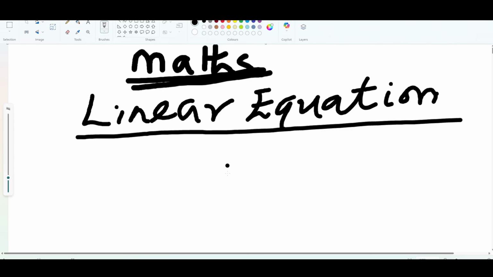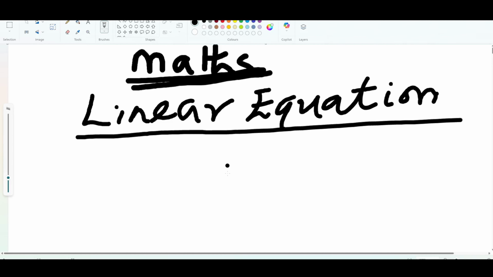Hello, so today we want to start with the new set of topics in mathematics called linear equation. So first, one thing about equation that we need to understand is that an equation comprises two sides.